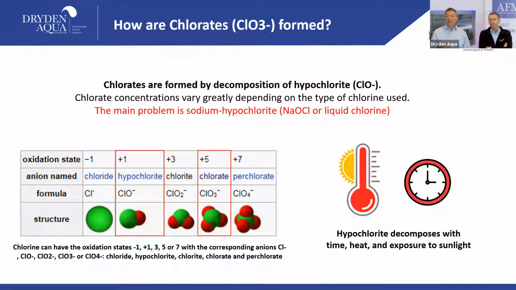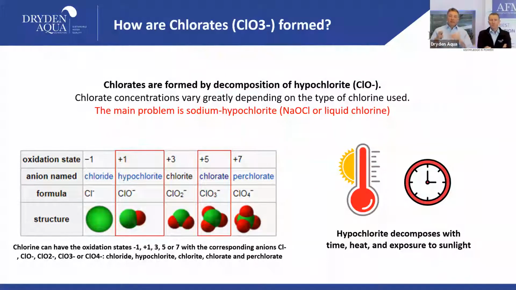Chlorine can have different oxidation states. It can be Cl minus, that's the first oxidation state, called chloride. It can be hypochlorite, so sodium hypochlorite or calcium hypochlorite, where you have ClO minus, this is 1 positive.